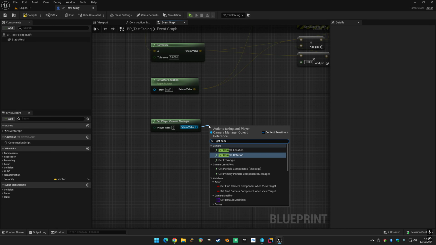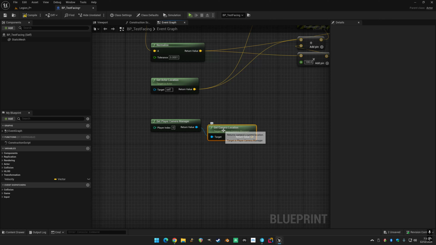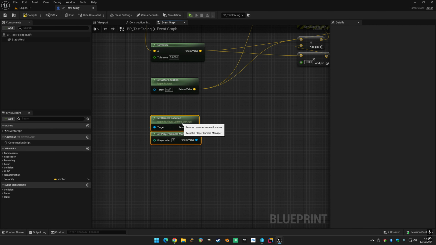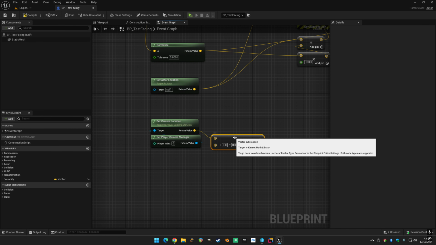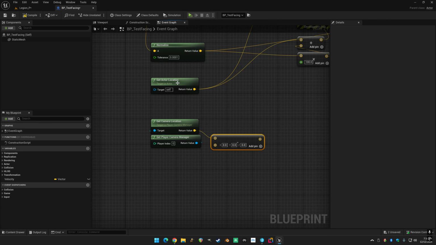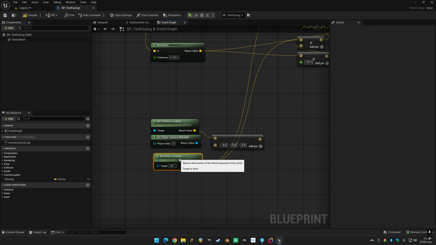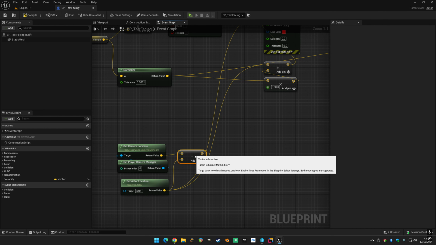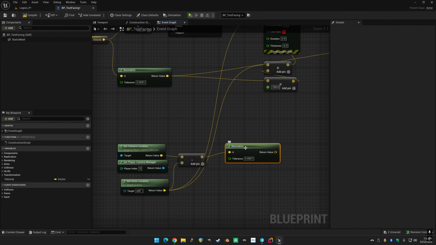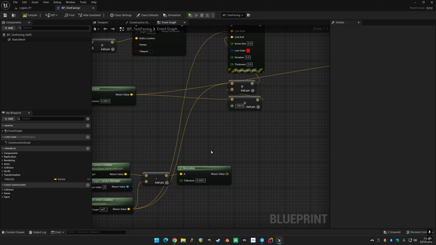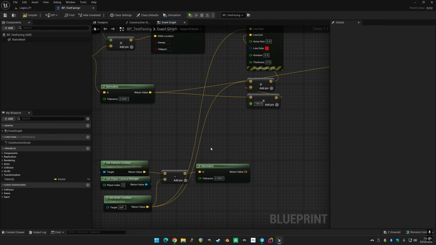And we can get the camera location from that. And then we would subtract. So we want a vector to the camera from the actor's location. Okay. And then we would normalize it. Okay. So this vector will be to the camera from the actor in the world.